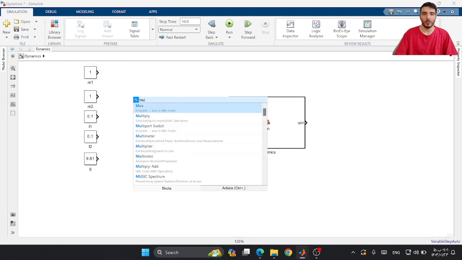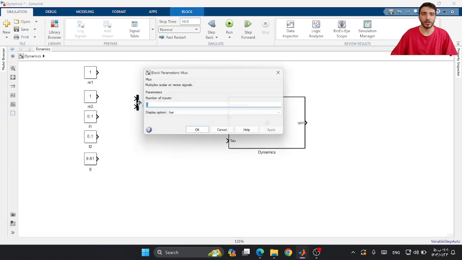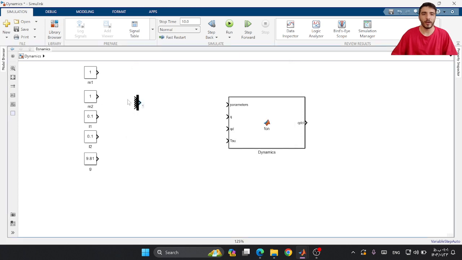So we add a mux here, we change it to 5 and resize it, and we connect the parameters signals here and add to our parameters.